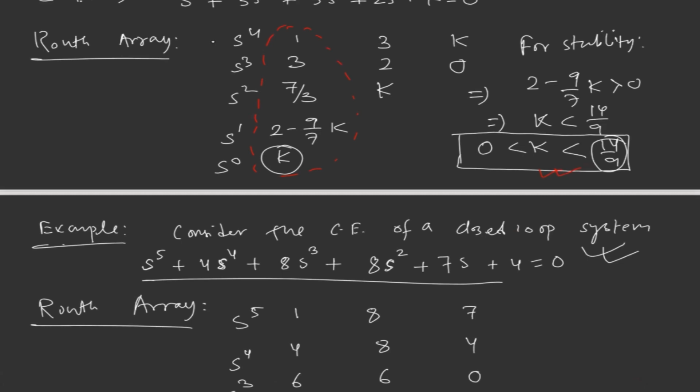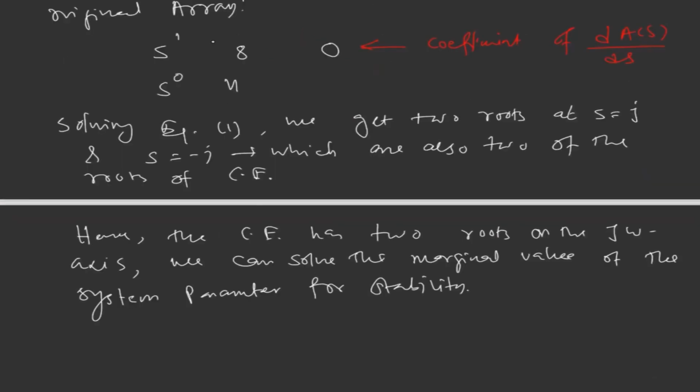This is a very, very important method to find the values of controller gain for stability. For that range of controller gains, we can say that the system will be stable. Outside the range, the system will be unstable. So this is how we can check the stability of a closed loop system transfer function.